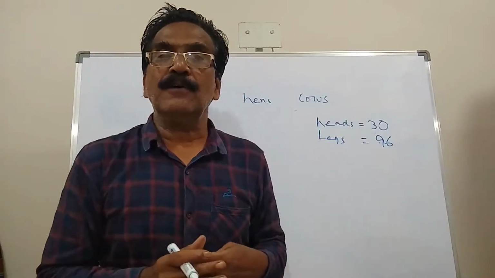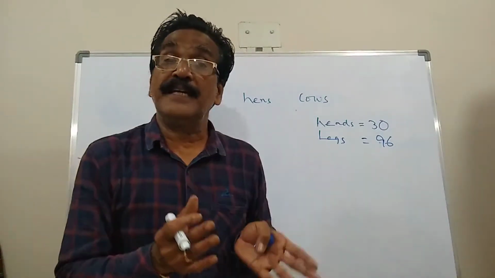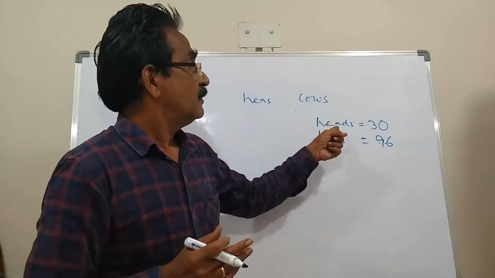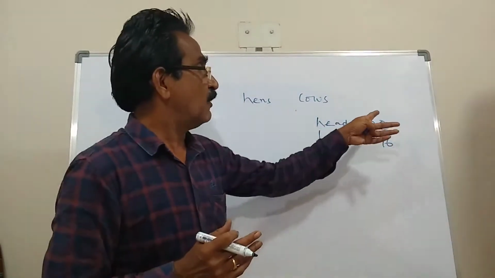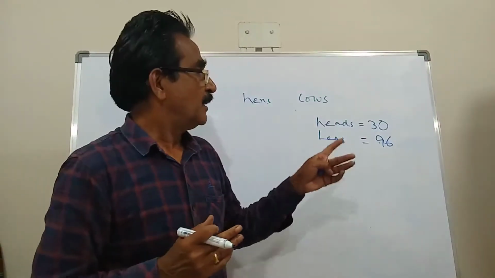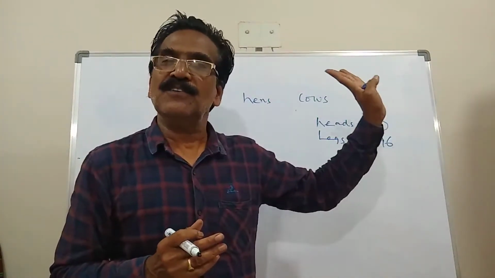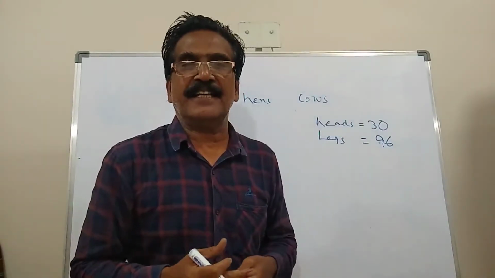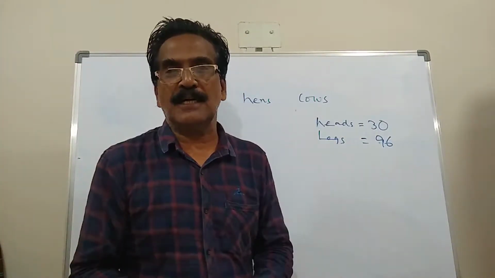In a group there are hens and cows. The total number of heads is equal to 30 and the total number of legs is equal to 96. Then how many hens are there? How many cows are there?